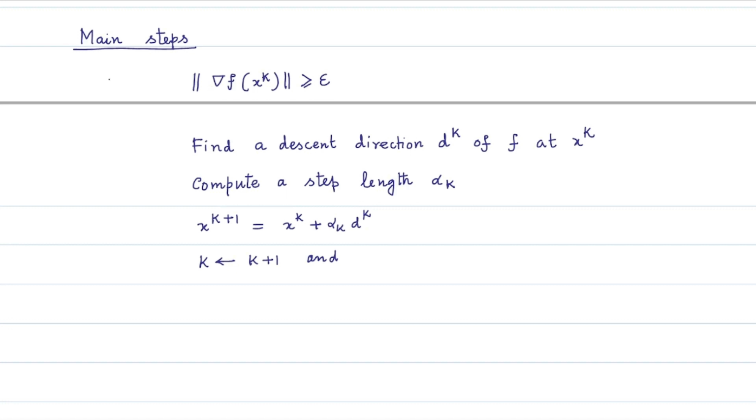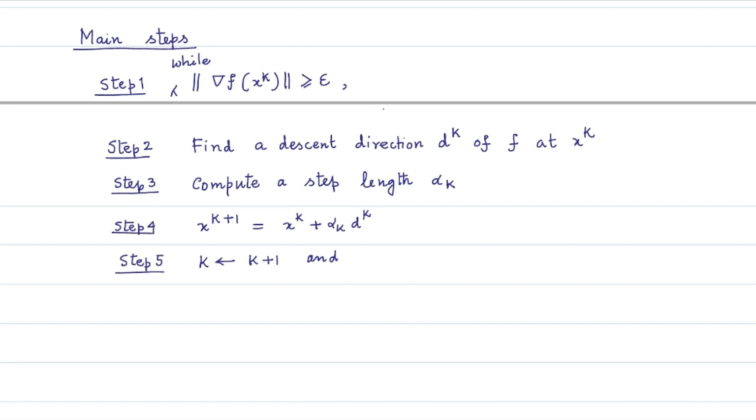So in the main steps, the beginning step, let us call it step 1, we check for optimality or stationarity of the point xk. When the current iterate is not a stationary point, we repeat the following steps. We name those steps as step 2, step 3, step 4, and step 5.